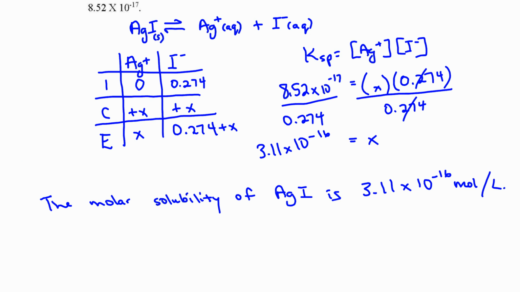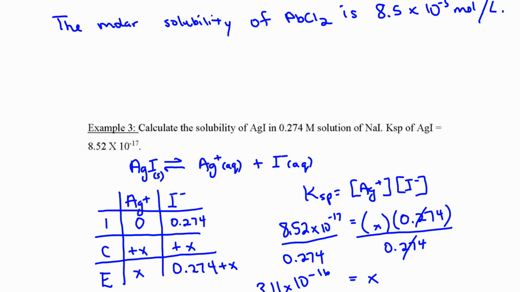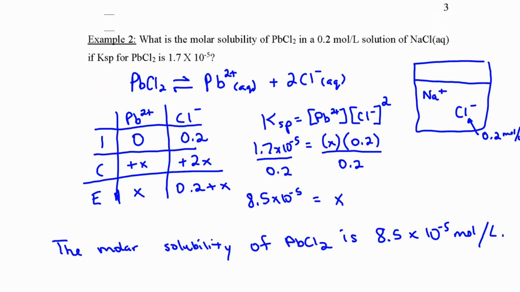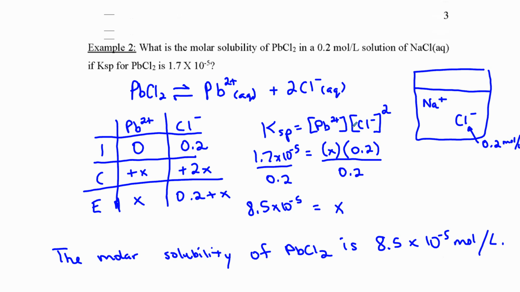Okay, I just realized I missed one little step up here. I had the chloride ion squared, but then I didn't square it here. So let's fix that. Sorry about that. So that's going to change this a little.